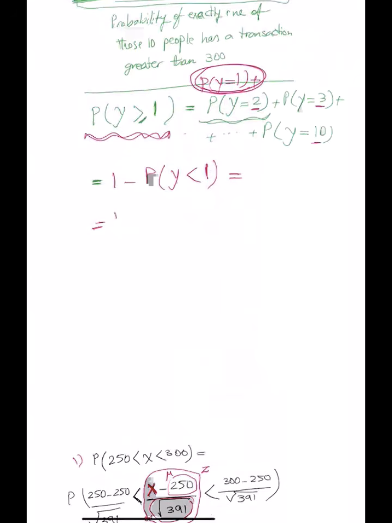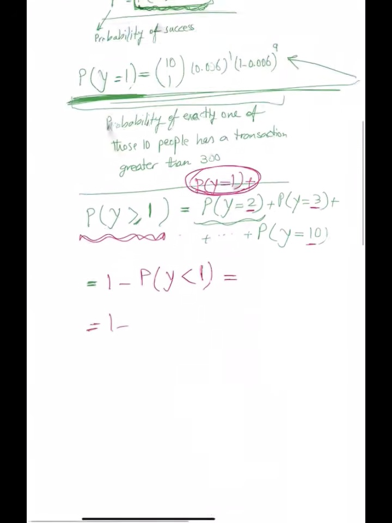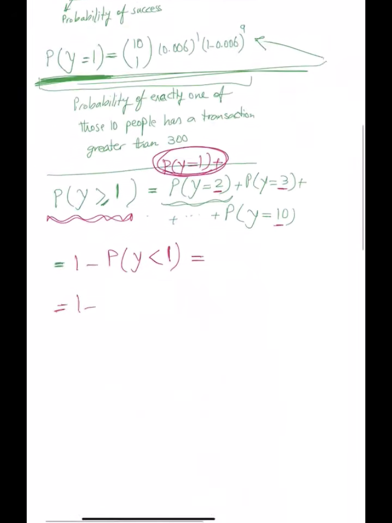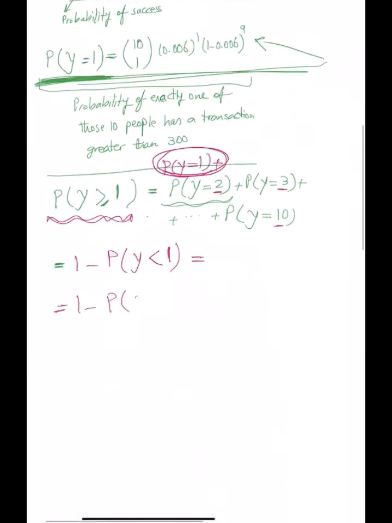And that is 1 minus the probability of Y less than 1. If these are all the possible values for Y, less than 1, then 0 is the only possible value, right? So that's basically 1 minus probability of Y equals 0.